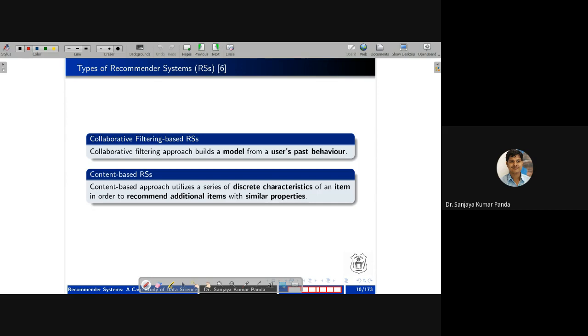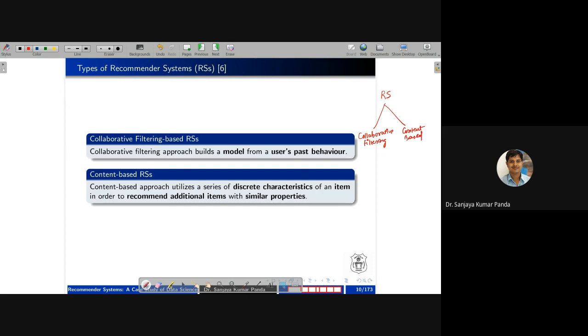Now coming to the second part of the recommender system, we'll see different types of recommender systems. As I said, there are two types: one is called collaborative filtering based recommendation system, and another is called content based recommendation system.